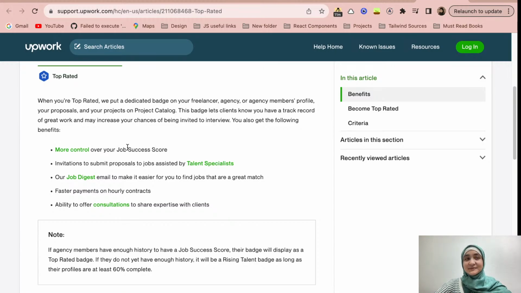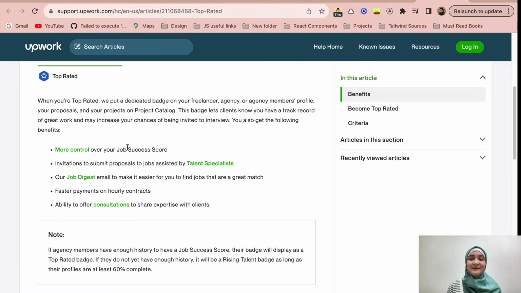And if a client leaves a bad review, as I said before, the average rating on Upwork is 4.9 out of 5, and if you get a 3-star review, that's a disaster. At that time, if you have this badge, you can reach out to Upwork support and ask them to remove it from your job history.